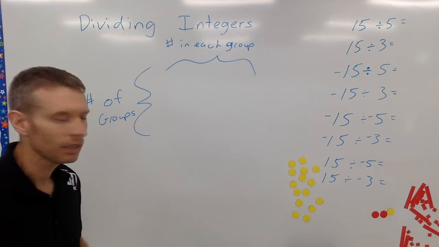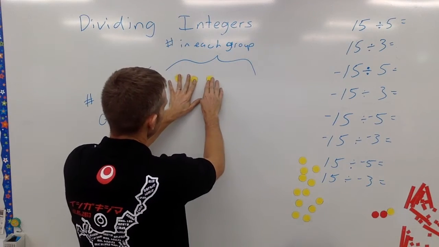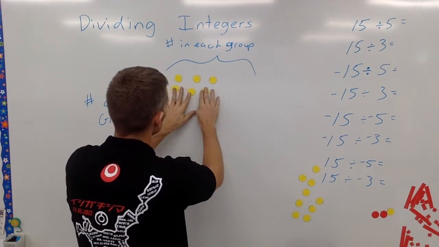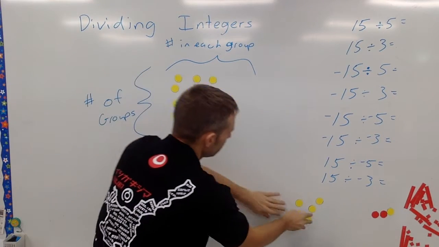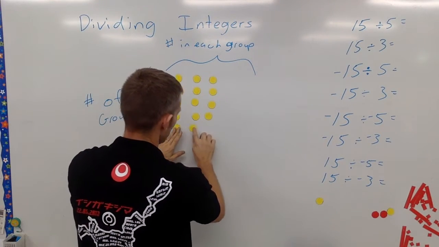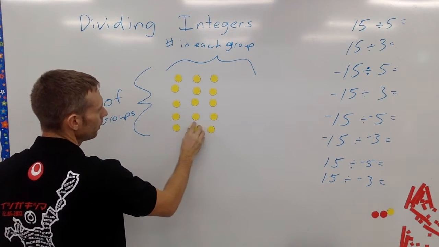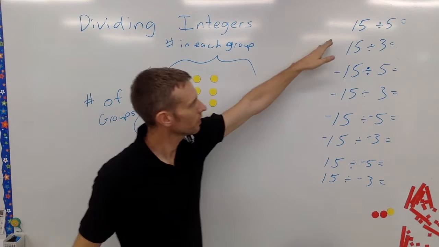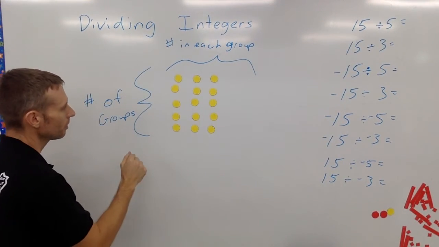If I have 15 divided by 5, that's something we're all familiar with. I'm going to count out positive 15, and I'm going to divide it into 5 groups. 15 total divided by positive 5.